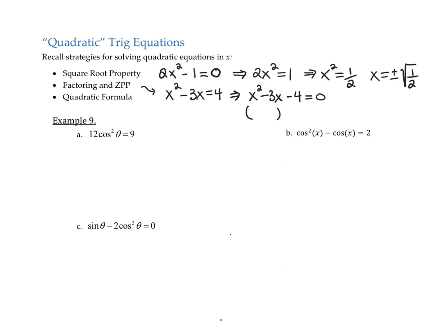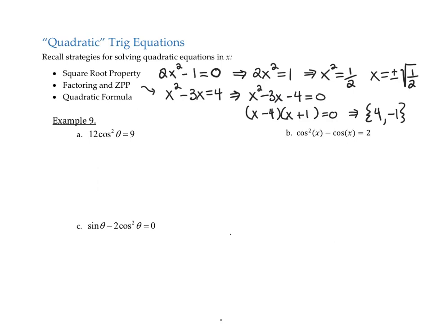Then we see if we can factor, and I chose this so that it does factor, into x subtract 4, x plus 1 equals 0, and then the zero product principle says that the zeros would be 4 and -1. We're thinking about what would make this factor equal to 0, and that would be 4, and then what would make this factor equal to 0, and that would be -1.